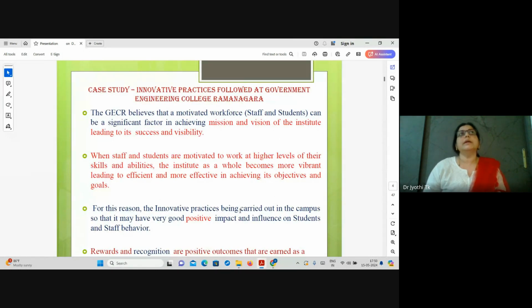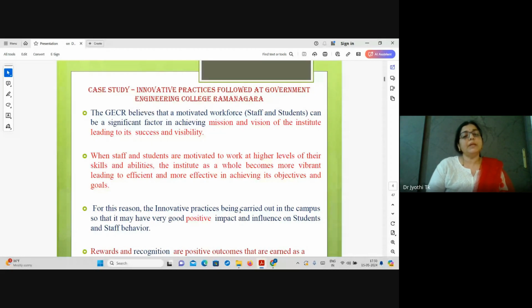To make this better understood, that is, what innovative practices one needs to follow in order to achieve the organization objective, I have taken a case study: my own college, Government Engineering College, Ramnagar. What are the innovative practices we follow at Government Engineering College, Ramnagar?